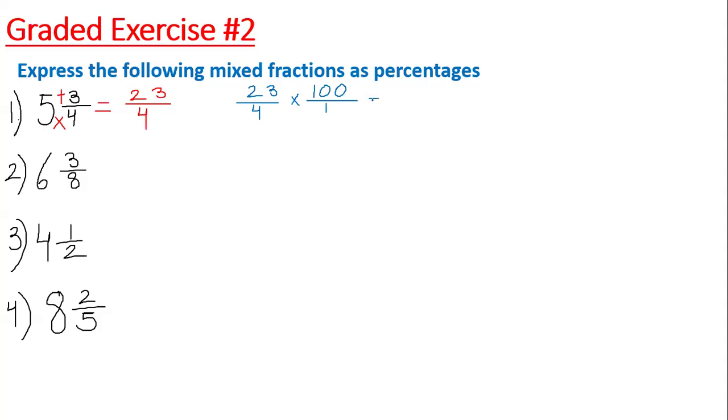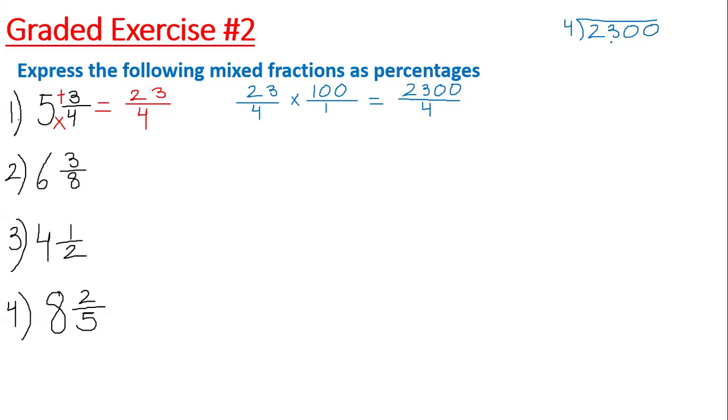It's gonna be equal to 23 multiplied by 100, that gives us what? 2,300. Over what? Over 4. There you go. And we say 4 into 2,300.